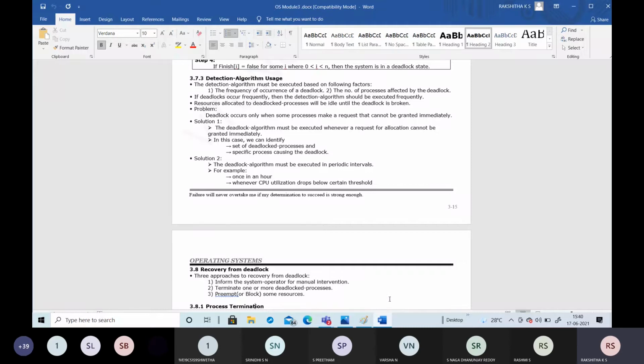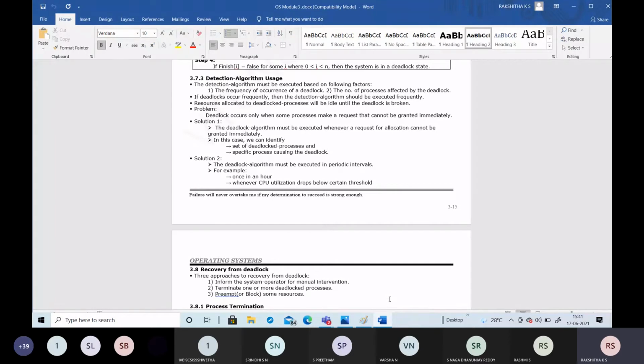Also, when the CPU utilization drops below a certain threshold, in that situation you can also use this detection algorithm. So this is about deadlock detection.